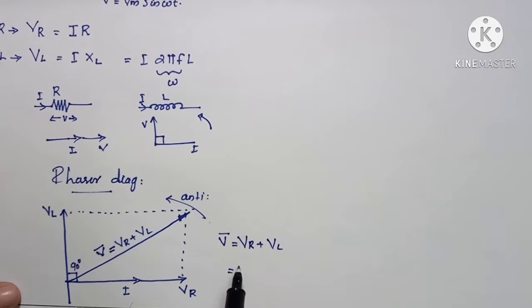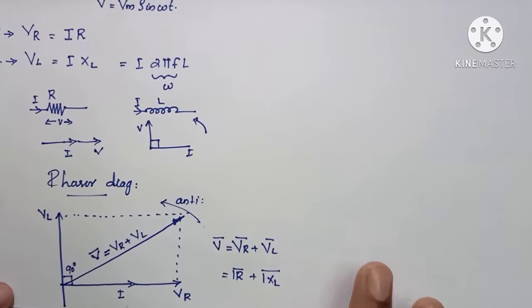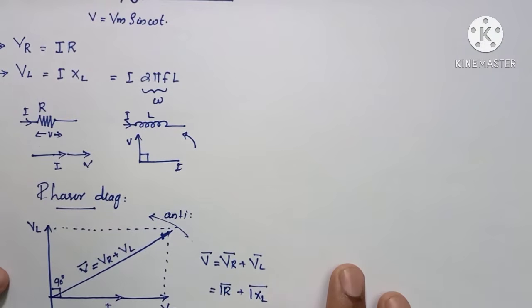This VR is nothing but I into R, and VL is nothing but I into XL, and XL will be omega L, or otherwise we can write it as 2 pi FL, so VL is I into 2 pi FL. This is the main idea of the phasor diagram.